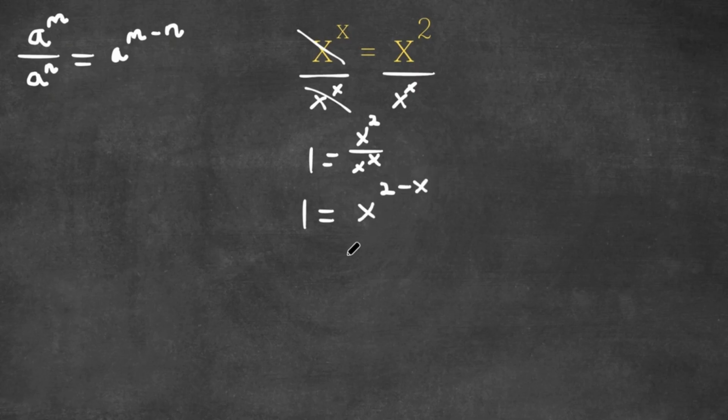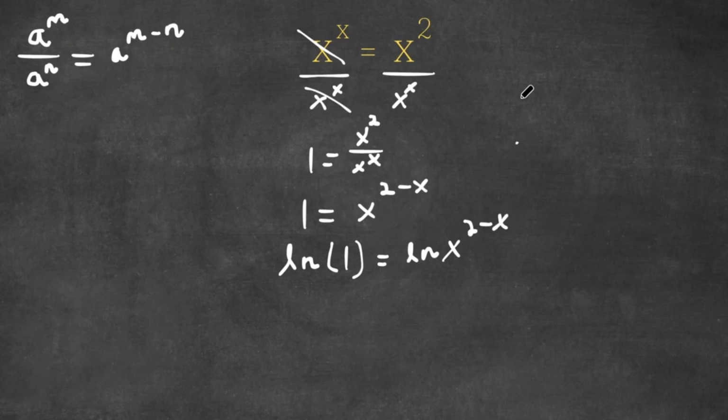Now I'm going to ln both sides. So now I have ln of 1 is equal to ln of x to the power of 2 minus x.